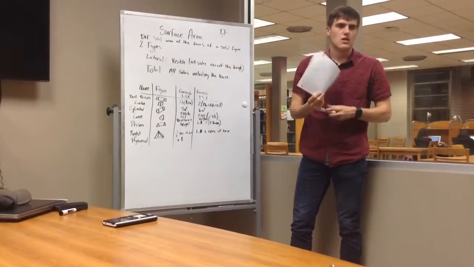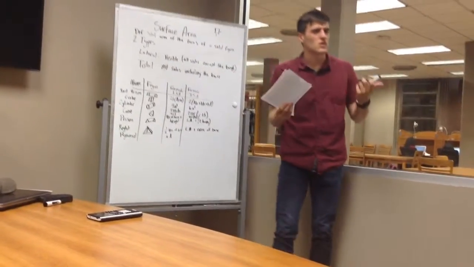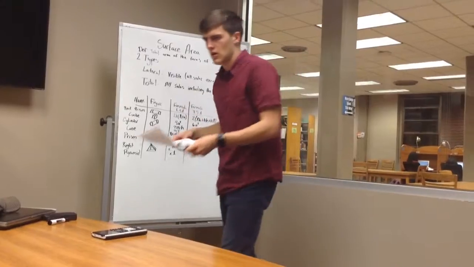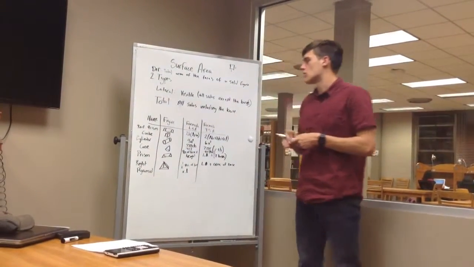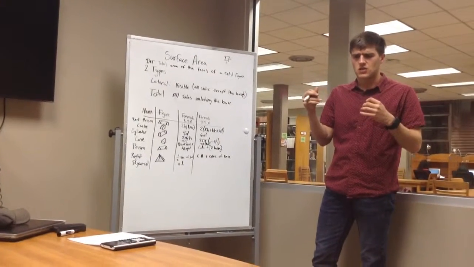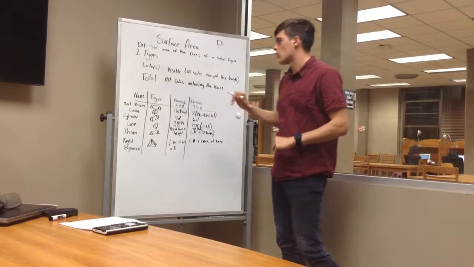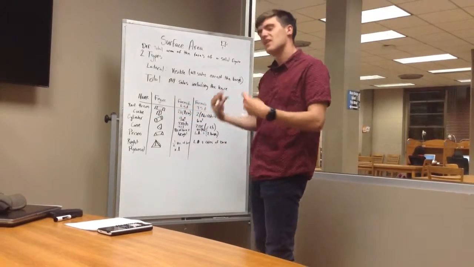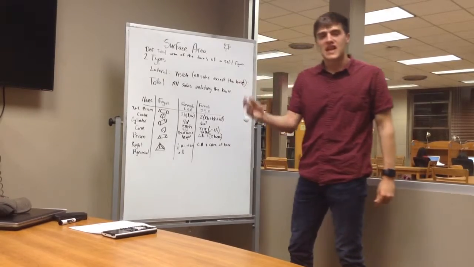Is everybody having an easy time visualizing these, or do we need to expand on it a little bit more? Yeah, no, we can totally do that. So I'm going to show you this in simpler terms. What you can always do, if you don't understand the formula, is draw a net.